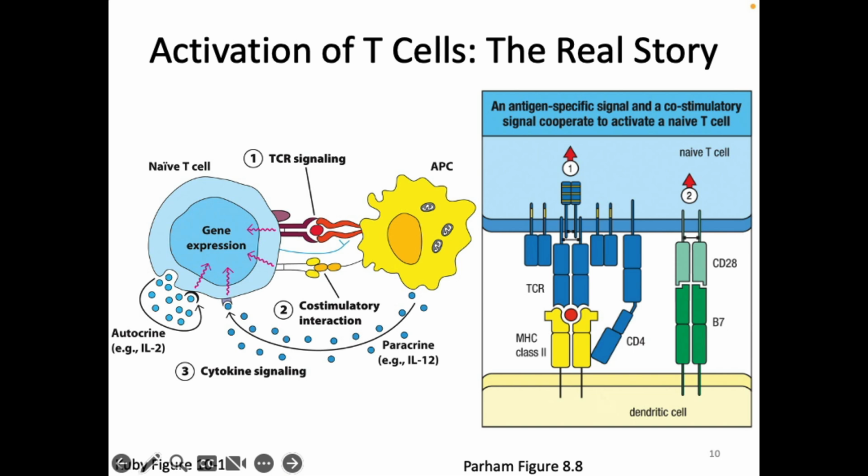And CD28 is binding to a protein called B7 that is on our antigen presenting cell. So you can see B7 and MHC are on the same cell, T cell receptor and CD28 are on the same cell. There are different names for B7. I will tell you more about some of those other names in a little bit.